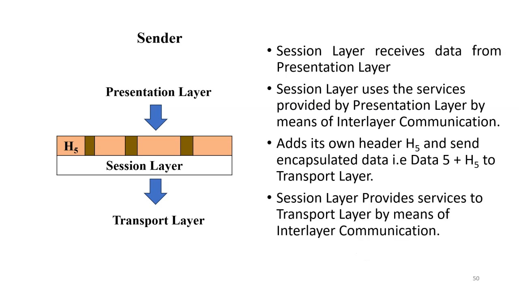This means the session layer provides services to the transport layer by means of interlayer communication. At the sender side, the presentation layer interacts with the session layer, which is known as interlayer communication, and the session layer also interacts with the transport layer, which is also known as interlayer communication.